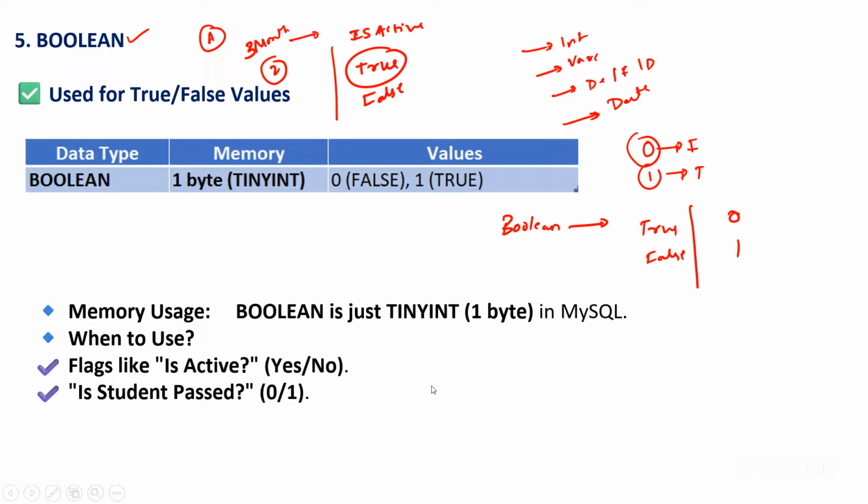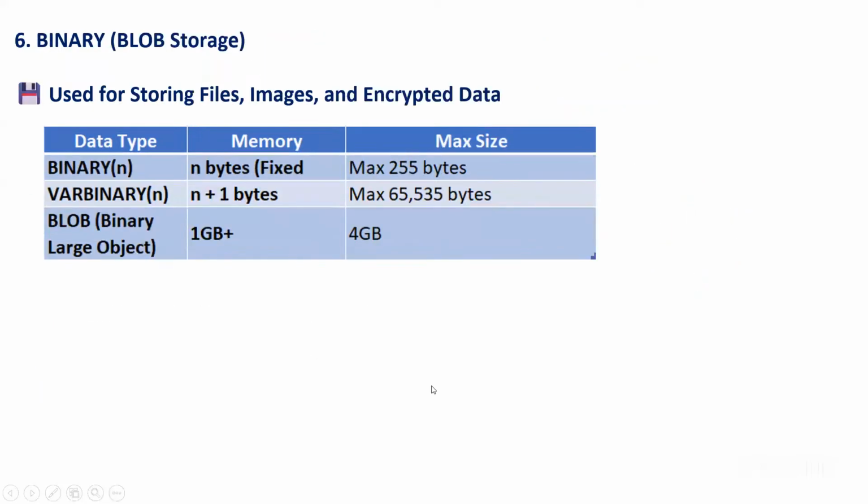Now coming to the next. This is the least used data type so far. I never used this. Inside MySQL or any other on-prem system, where if you want to store files, images, or encrypted data inside your database, we use something called binary, varbinary, or blob.